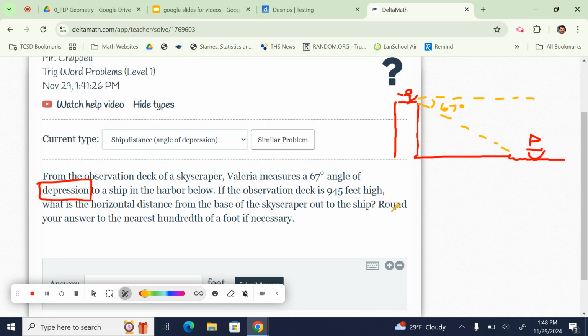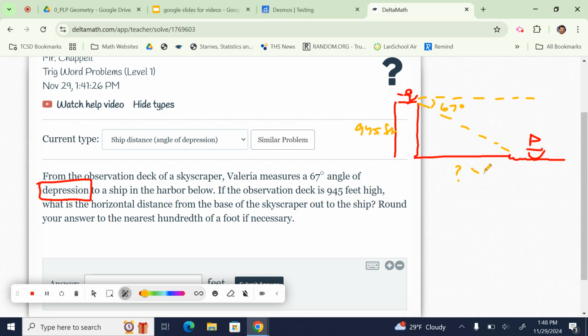Okay. Now, it says the observation deck is 945 feet high, so I know that this vertical height is 945 feet. What is the horizontal distance from the base of the skyscraper out to the ship? So they want this distance right here.